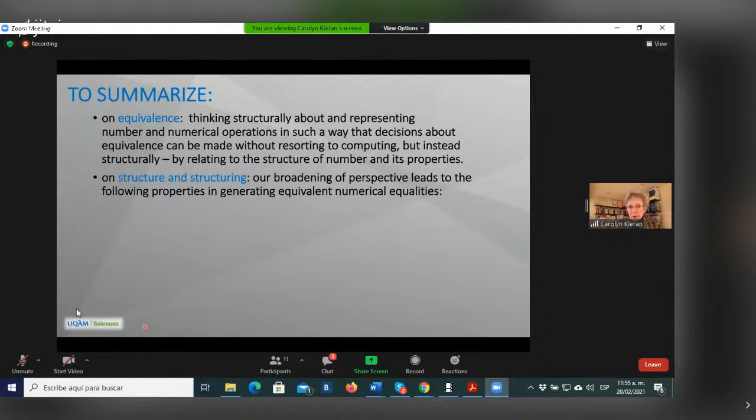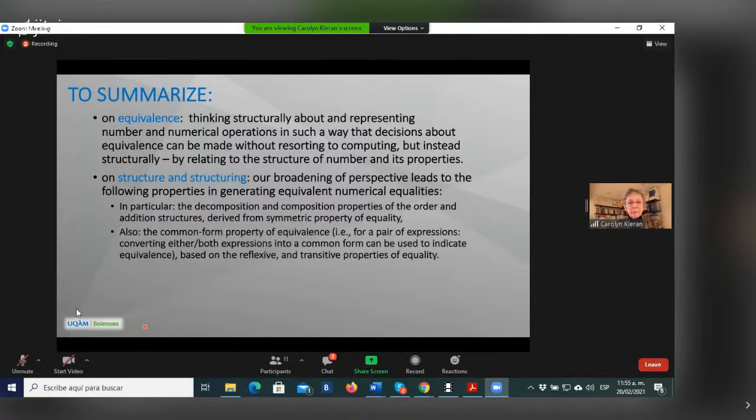With respect to structure and structuring, our broadening of perspective leads to the following properties in generating equivalent numerical equalities. In particular, the decomposition and composition properties of the order and addition structures derived from the symmetric property of equality.